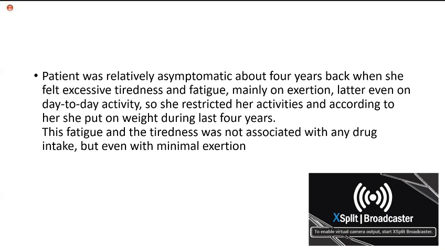This fatigue and tiredness was not associated with any drug intake, but the fatigue was even with minimal exertion. Within 4 years, it deteriorated from NYHA class 2 to NYHA class 3, sir.